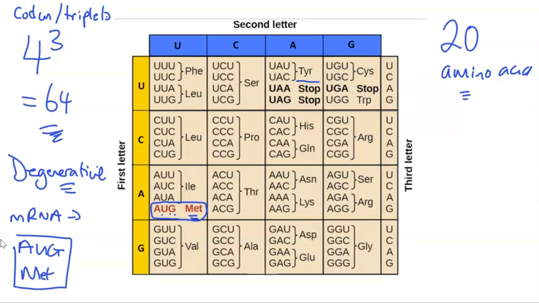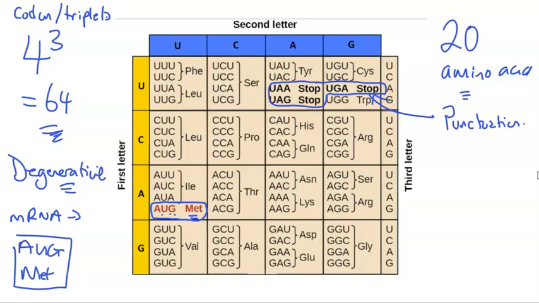Then look up here, we've got 1, 2, 3 codons which are giving us a stop command. These are our terminators, and effectively give us punctuation in the translation process, indicating to the ribosome when it has come to the end of the gene copy, the messenger RNA sequence.